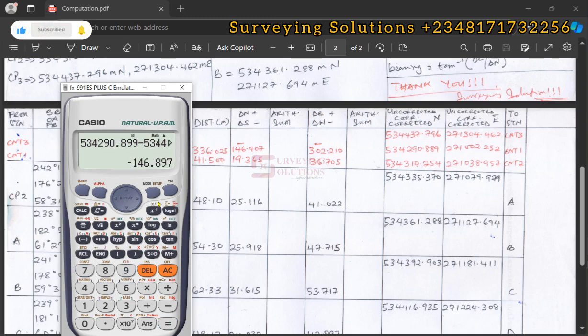Good. So this should give you the delta. Okay, there was something I typed in error. This is supposed to be 290.889, right? Good. So this is supposed to be 889. Good. So you have minus 146.907. That's for your first delta northing.